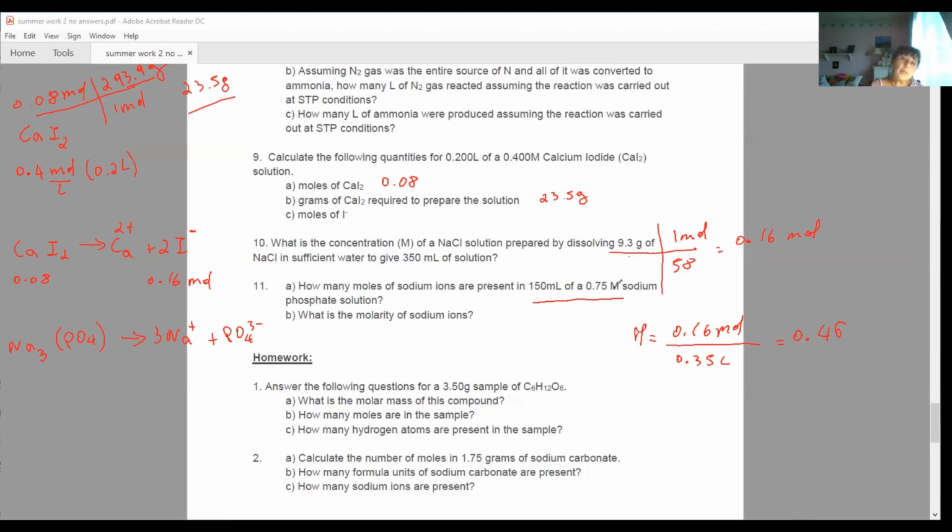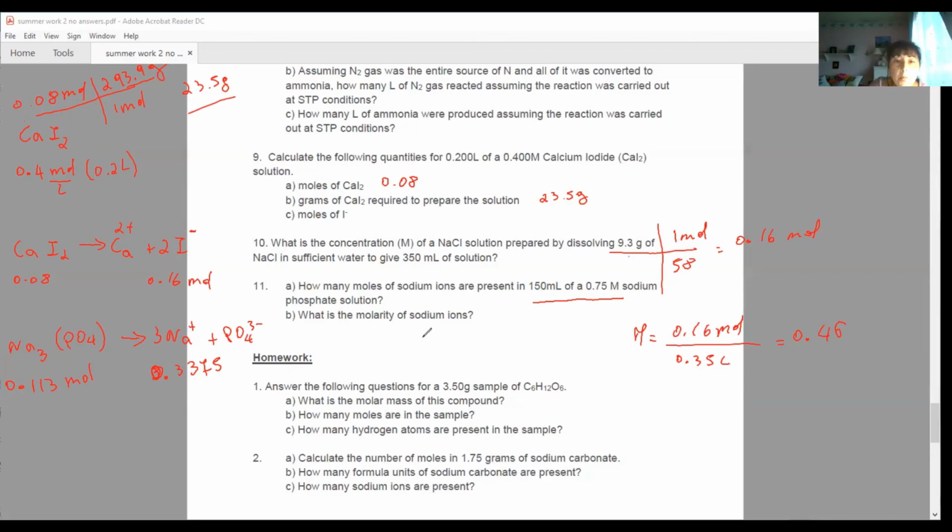If we multiply 0.75 moles per liter times the liters, 0.75 times 0.15, we have 0.113 moles. This means that for this one we have 3 point, what am I saying? So we have 0.3375. Okay, those are the moles.